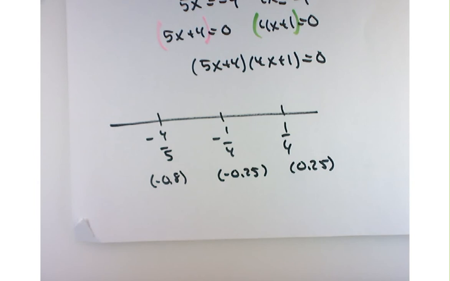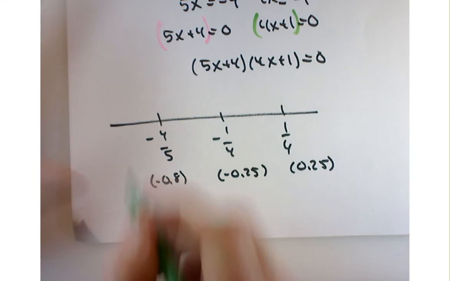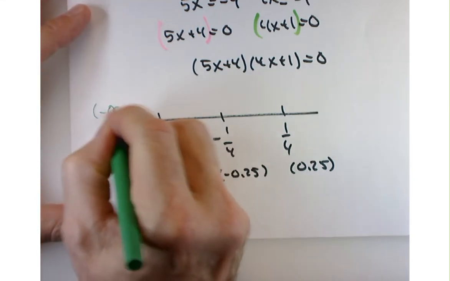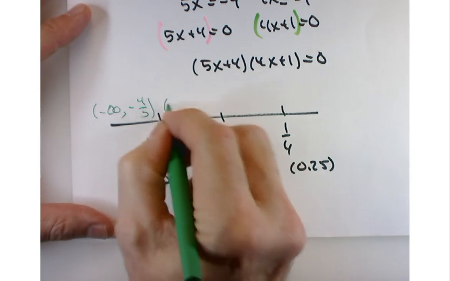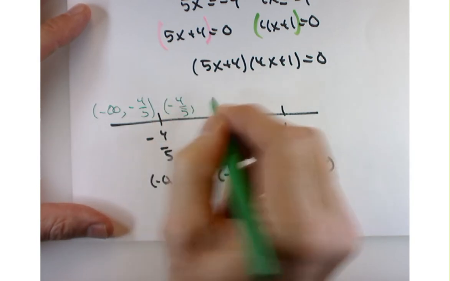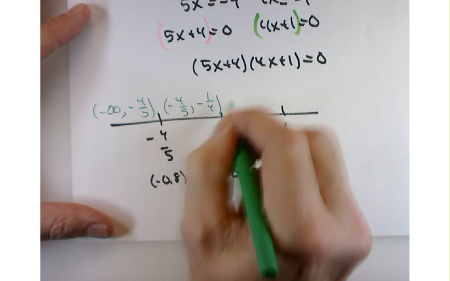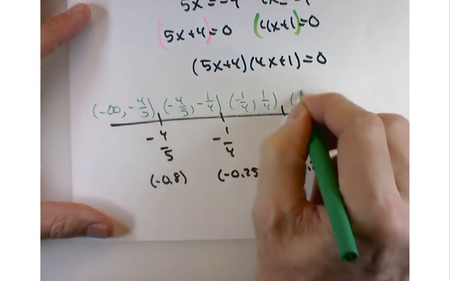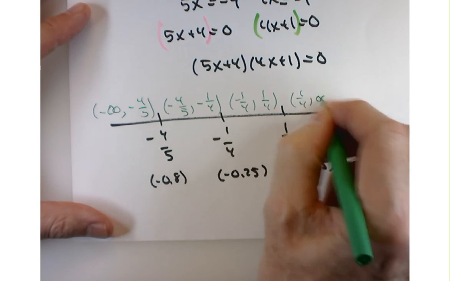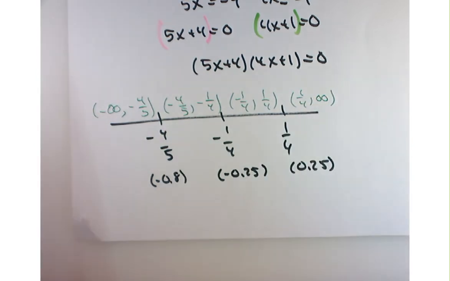Now before we forget, let's write down what the intervals are because it's easy to make a mistake and confuse test points with intervals. So this is going to be -∞ to -4/5, -4/5 to -1/4, -1/4 to +1/4, and 1/4 to infinity. Okay.